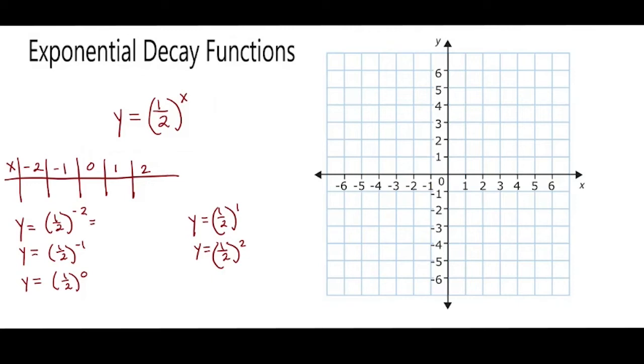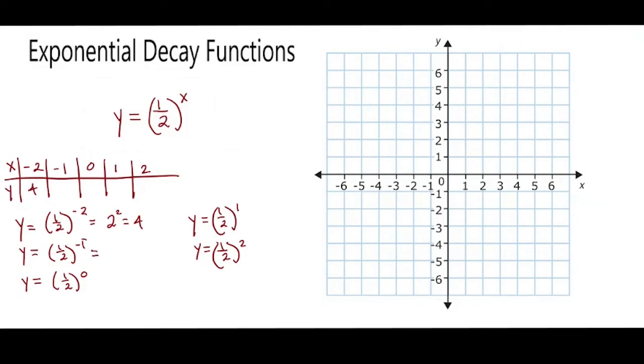All right, so remember that if there is a negative exponent and we have a fraction, we flip the fraction, which is 2 over 1. 2 over 1 is just 2. 2 squared is 4. So our y values start off with 4.